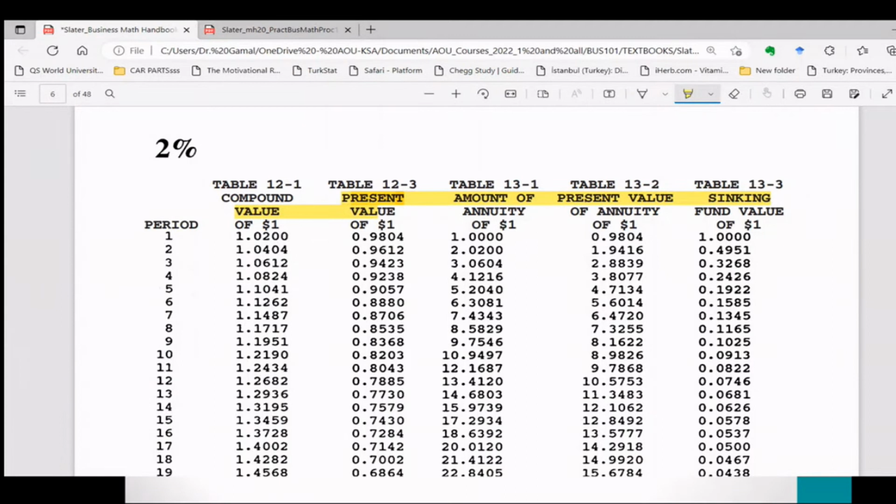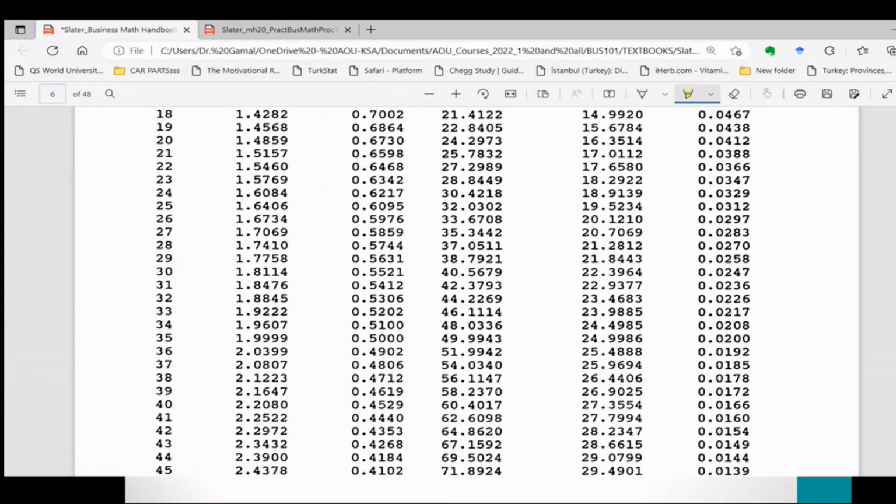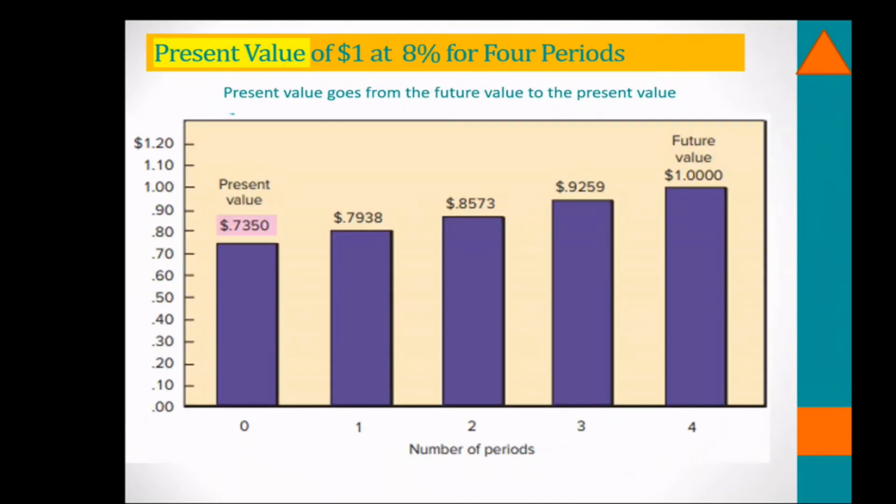That is called the present value. It goes from the future value to the present value. I want $10,000 after 4 years. How much shall I deposit today?